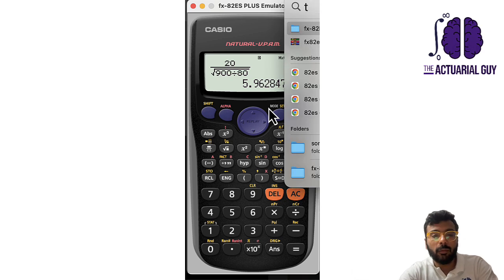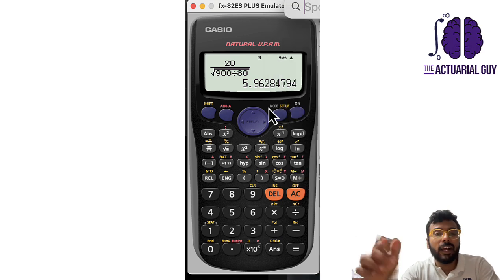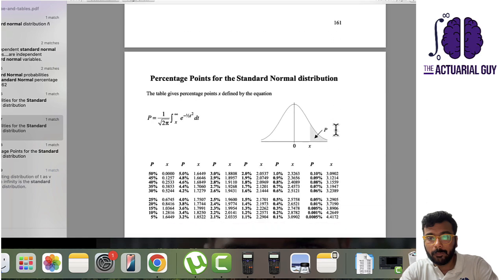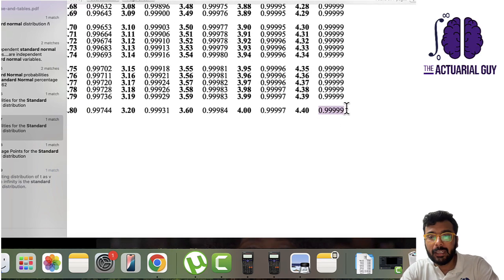Let's go to the tables. We know this is very large, really outside the normal distribution practically, but still let's calculate it.